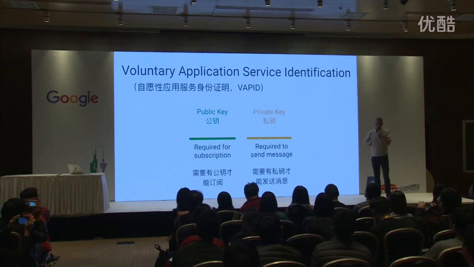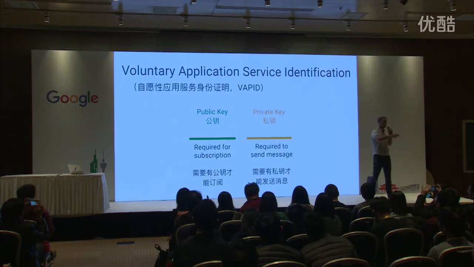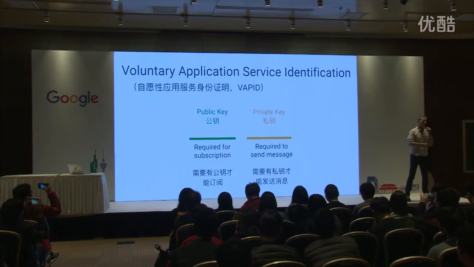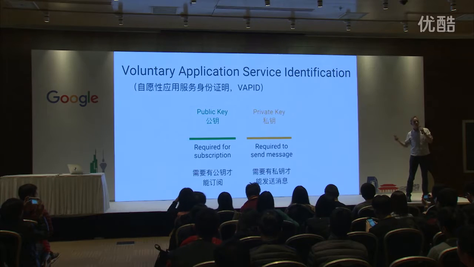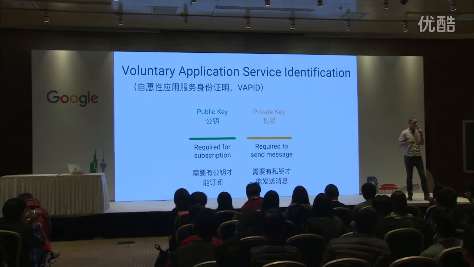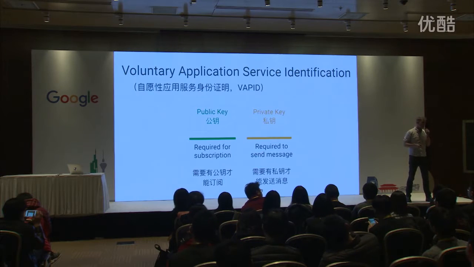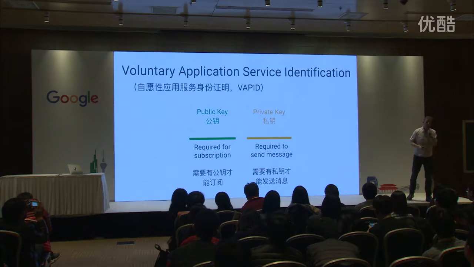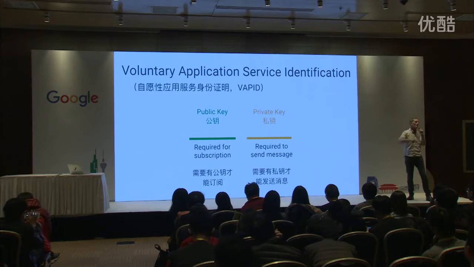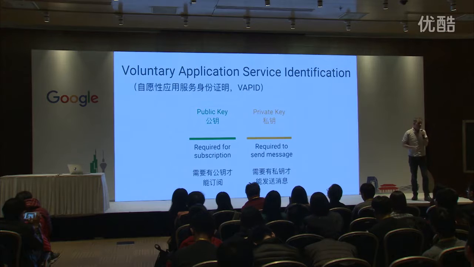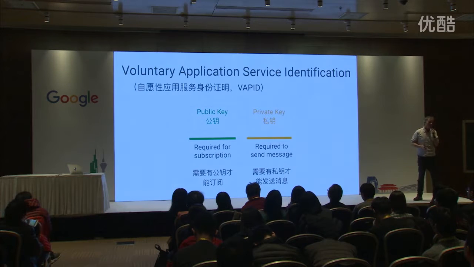So we also need to authenticate the transactions, the communication between the user and your server, and between your server and the user. You need to be able to trust that a request for a subscription comes from the user that you think it does. And the other way around, the user must be able to trust that a message received is actually from the site that they think they're getting the message from.